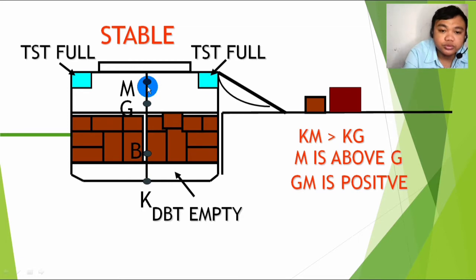So how are we going to do that? We should first add KG to GM in order for us to determine the value of KM. Okay? And right after that, we are going to subtract it from the value of KB so that we will be able to get the value of BM.